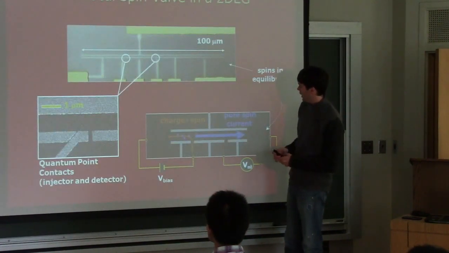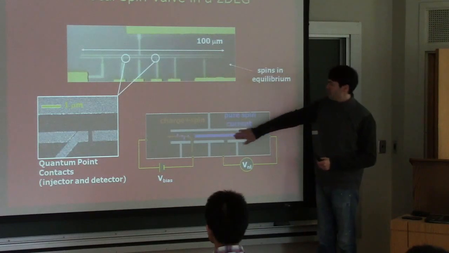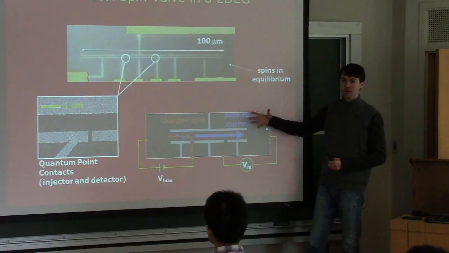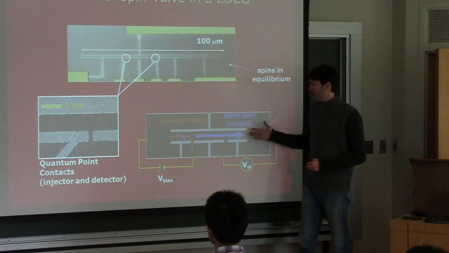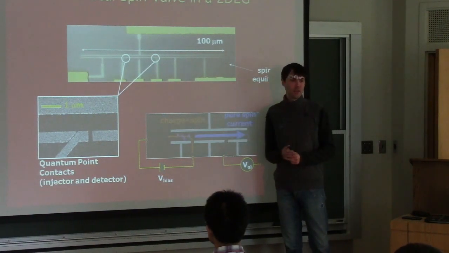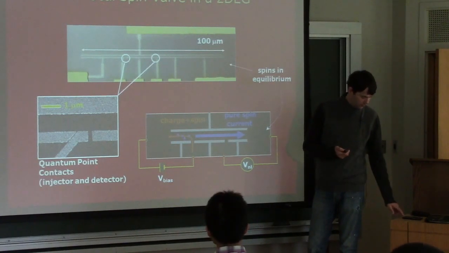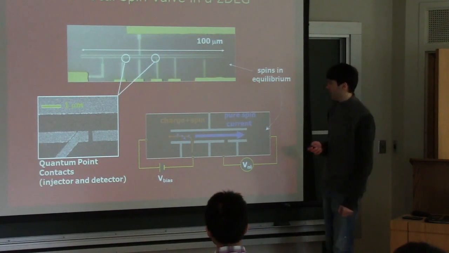Yeah? So this is why I draw here a pure spin current without any charge. Just a spin degree of freedom is doing something on this side. And here charge and spin current, where charge and spin signals are mixed. Hard to separate.